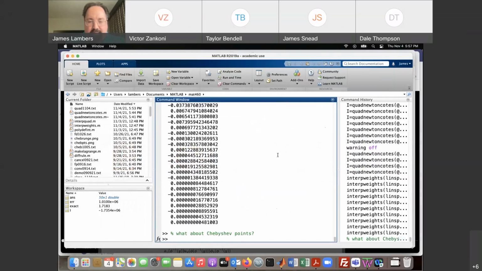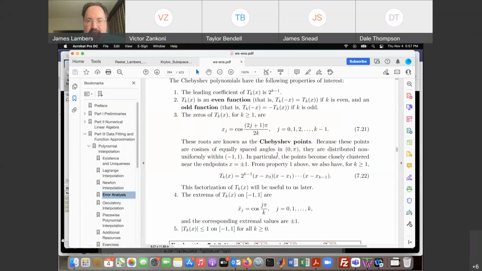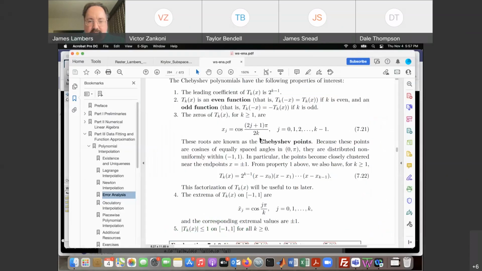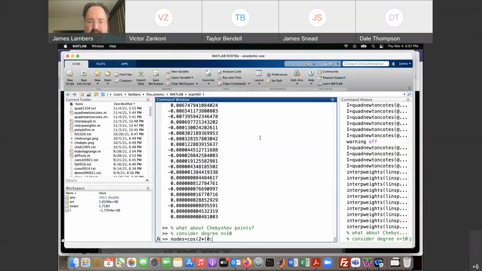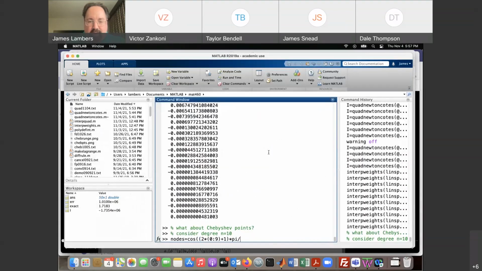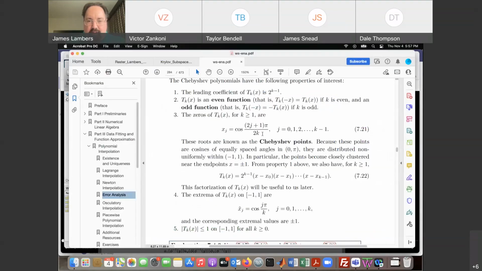All right, so let's say degree 10. My nodes in this case will be, I use this formula for Chebyshev points: cosine of 2 times 0 to 9, with zero-based indexing, plus 1, times pi over 2 times the degree.